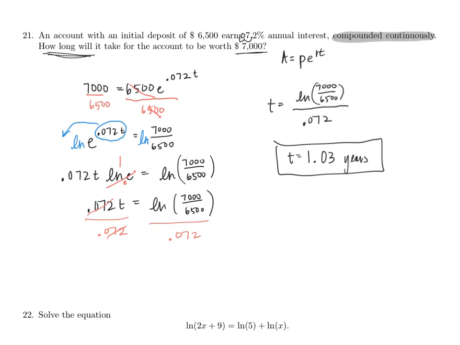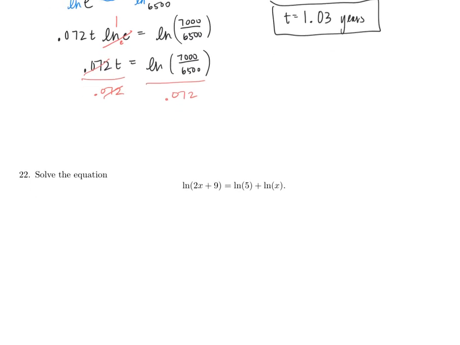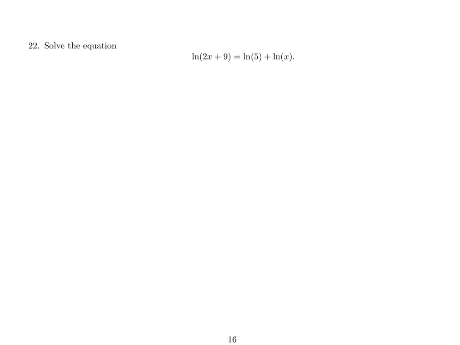Number 22. Solve the equation. Okay, so here, notice we have the natural log on both sides. When you have something like this, your goal is to get one natural log on each side.